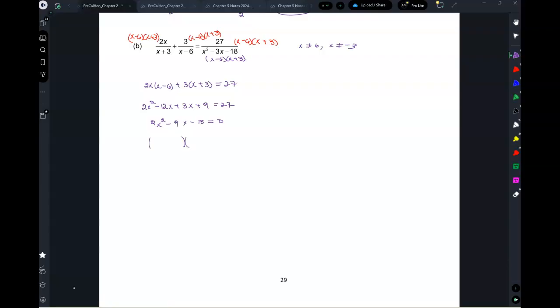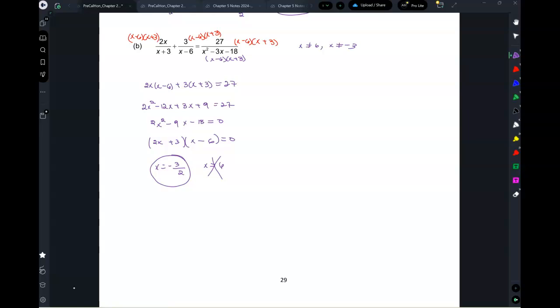Okay, somebody factor that for me. Negative 6, negative 3. Oh wait, no, never mind. Positive 3, negative 6. So from here, x equals negative 3 over 2. From here, x equals 6, but x can't equal 6, so it's just negative 3 over 2.